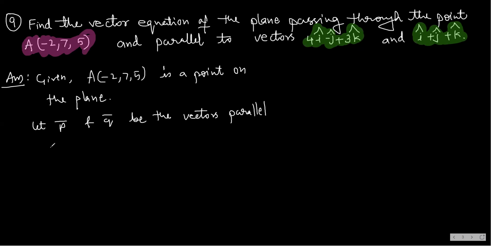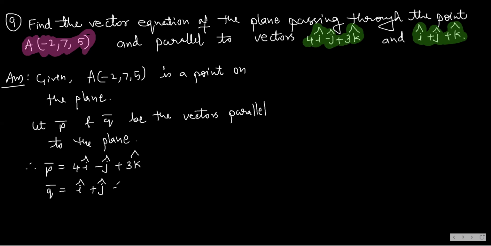Therefore P bar is 4i cap minus j cap plus 3k cap and Q bar is i cap plus j cap plus k cap. So I have two vectors which are parallel to the plane.